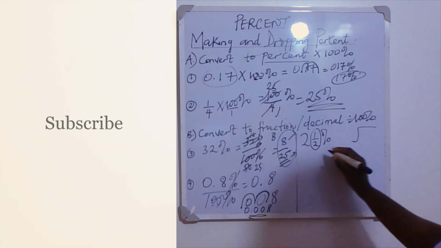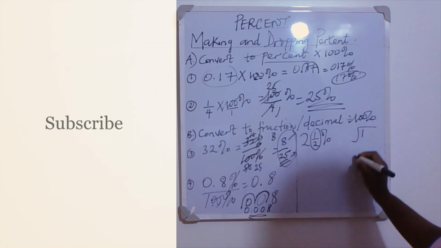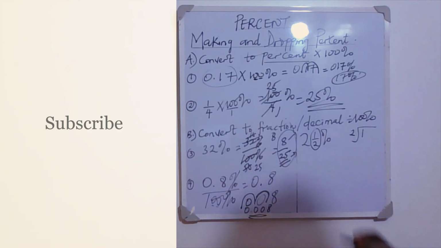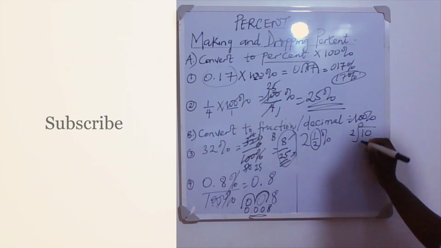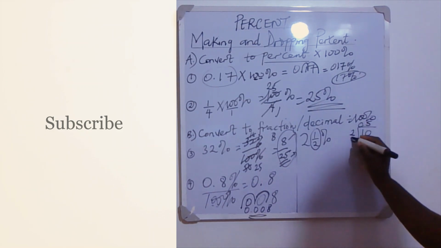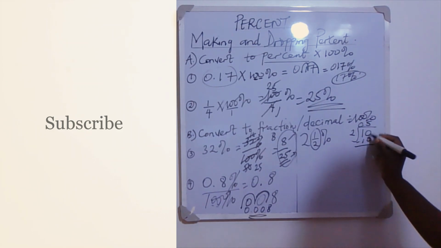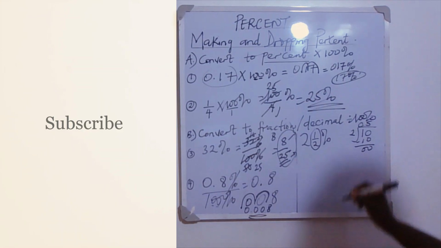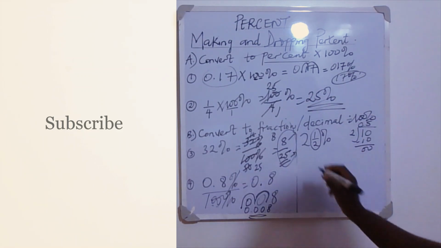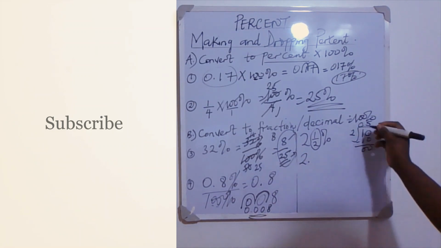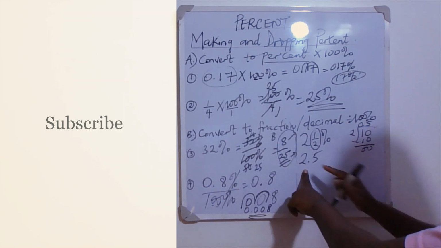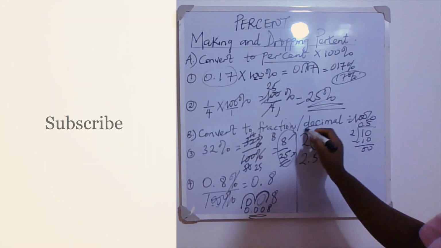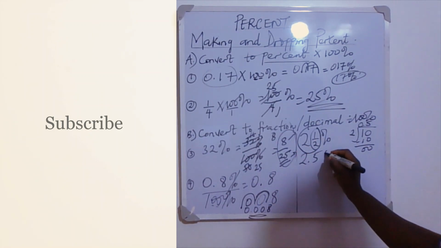Our numerator goes inside, the denominator comes outside, and we divide. 1 divided by 2 is not possible, so that is 0. 0 times 2 is 0. 10 divided by 2 is 5. 5 times 2 is 10. 10 minus 10 is 0. So this is 0.5. So we have 2 point 5, which is 2.5. This is the 2 whole and this is 0.5. So you can as well write this 2 whole number 1 over 2 as 2.5%.